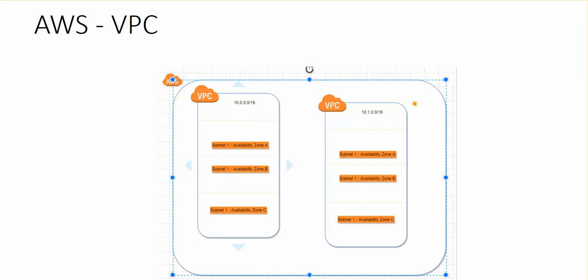In this sample design, I just have two different VPCs created in an AWS account in one of the regions. We can have more than one VPC, and these VPCs are isolated from each other. Whenever we create a VPC, we have to specify the IPv4 address range.